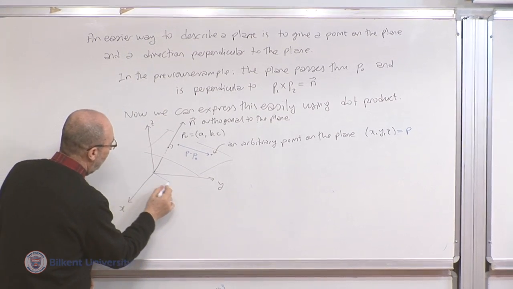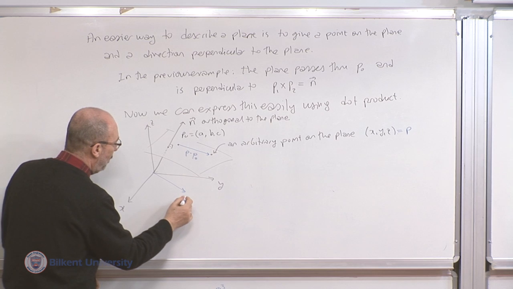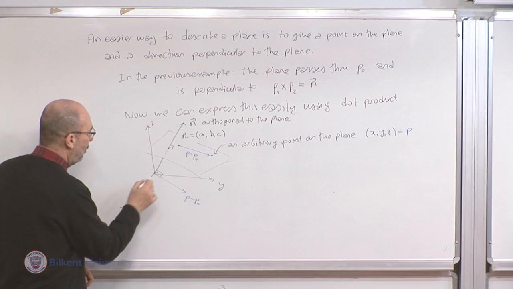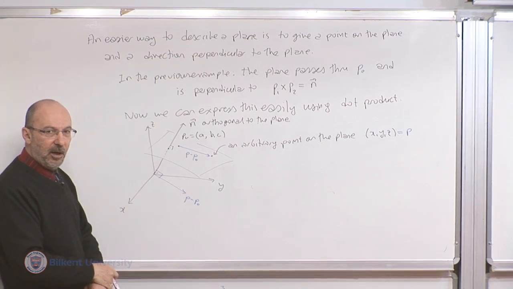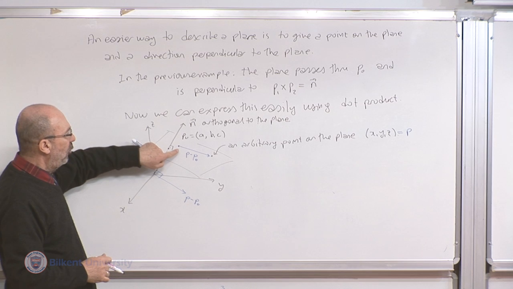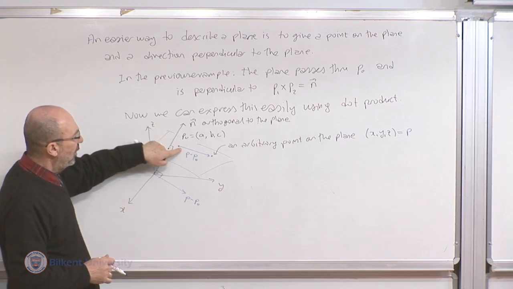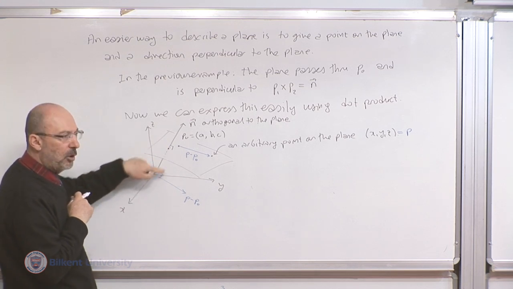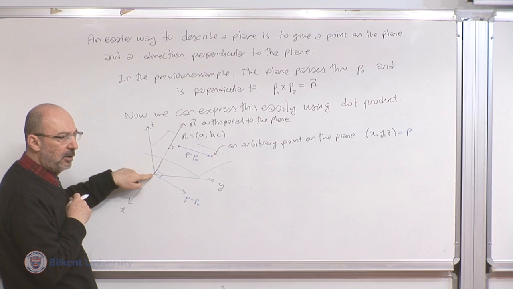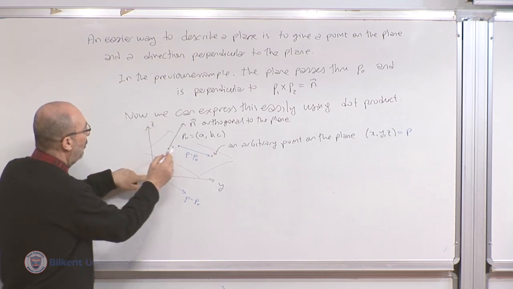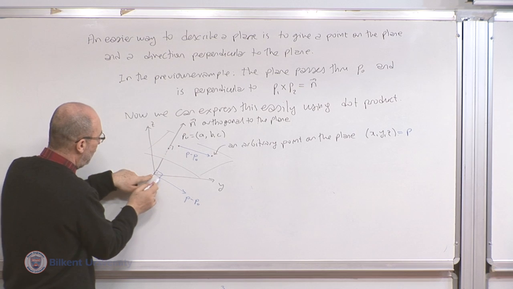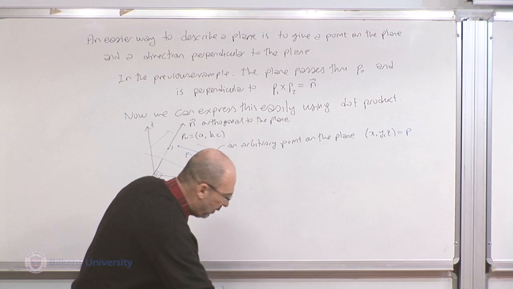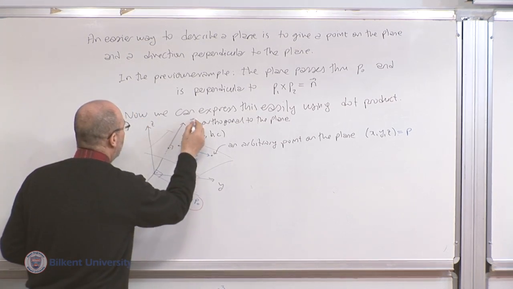Algebraically, P minus P sub 0 is here, and I want them to be perpendicular. Geometrically, when I draw this, I know that the vector will lie here, but that's the position. I am interested in its direction. When I'm doing calculations, I must remember that all the vectors are here. I want this vector to be perpendicular to this vector, so I take the dot product of this with this.